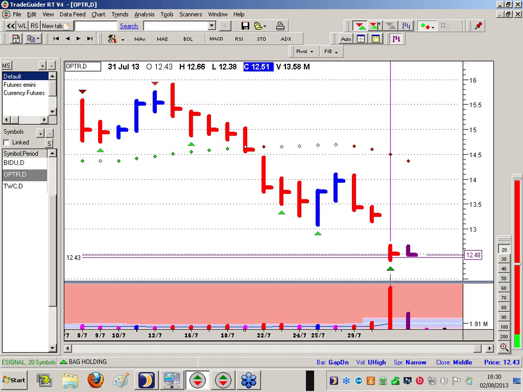Well, if you come back down in the area of former support, as you see there, down bars, narrow spreads with high volume like that, they're buying, they're supporting that market. So there's strength in that particular stock.